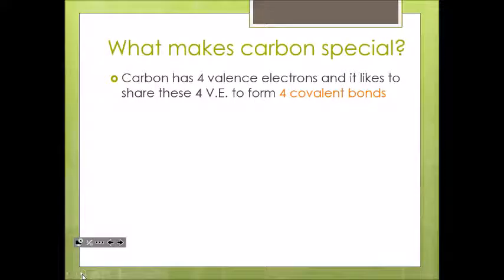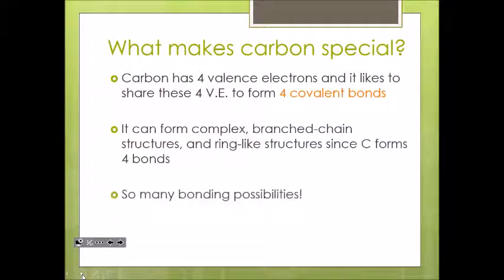Carbon has 4 valence electrons. What does that do for us? It likes to share the 4 and can form 4 covalent bonds. That enables it to do complex branched chains and ring-like structures. There's tons of possibilities. Carbon can do 4 single bonds, can do chains like that.